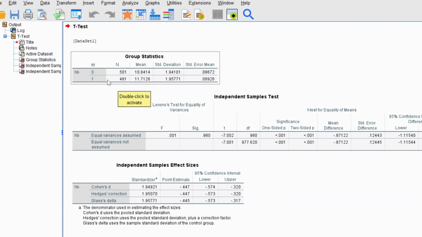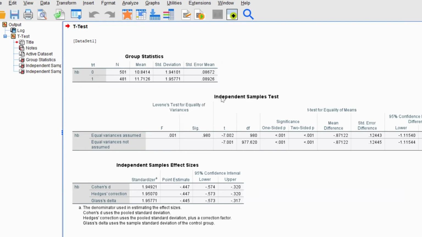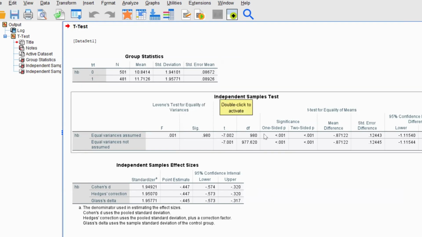Meaning that the mean difference in HB level between the group that received the iron supplements and the group that did not was minus 7.002, meaning that the treated group had HB levels lower by this mean difference, sorry, minus, what is this, minus 0.8?